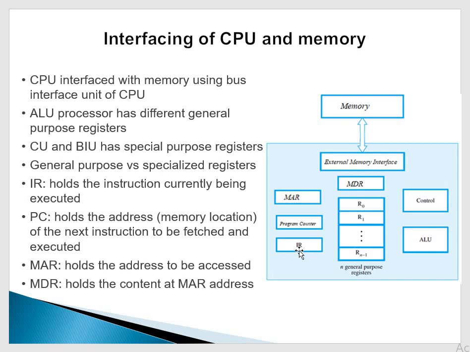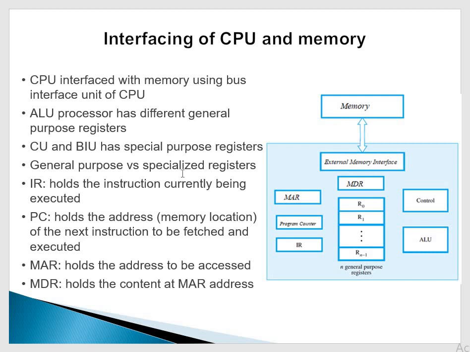It is used to store the opcode only. So whenever the opcode is fetched from the memory, first of all it will come to this IR register. As we have already discussed, within the CPU a set of general purpose registers will be there, and a set of specialized or special purpose registers will be there. The role of the general purpose register is to store the data temporarily during the execution of the program or after the execution of the program.